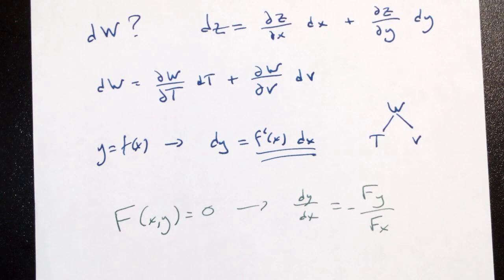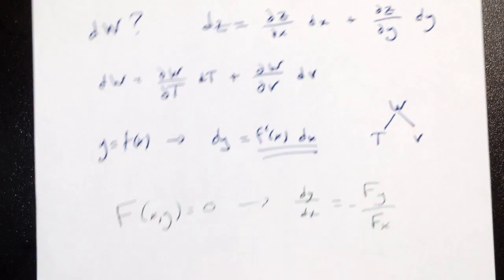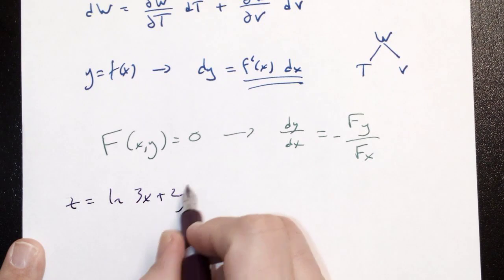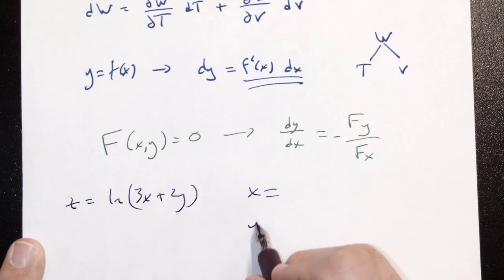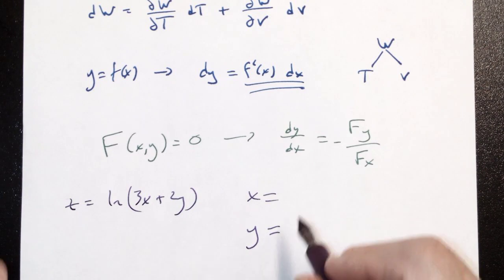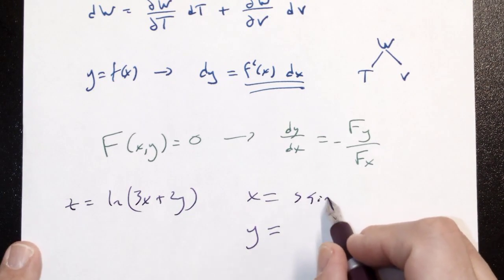14.5.9. I got confused with the tree and which part of the root is. Sure. So this one says z equals ln(3x + 2y), x equals s sin t, and y equals t cos s.